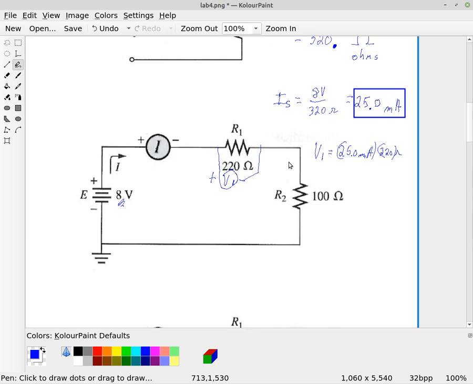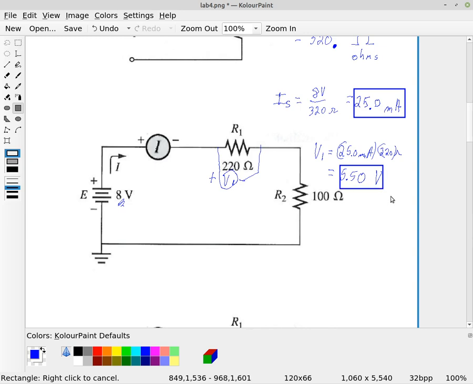So V1 is equal to 5.5 volts. If I'm going to put that in Blackboard, it would have to be 5.50 because we need 3 digits, and then a space and a capital V for volts. So that would be our answer if Blackboard was asking what is the voltage drop across R1, 5.50 V.